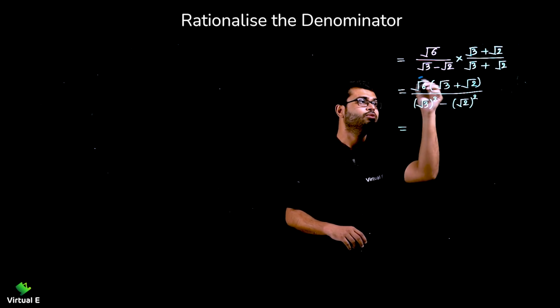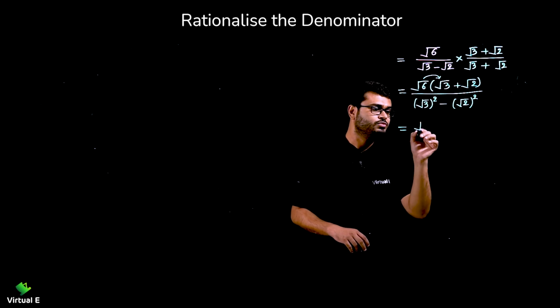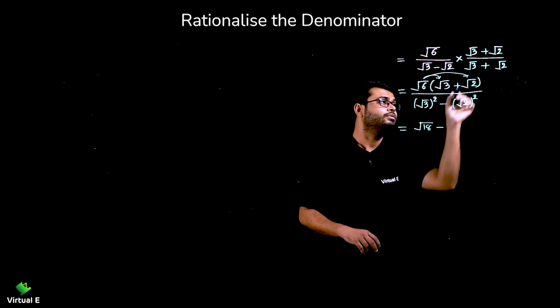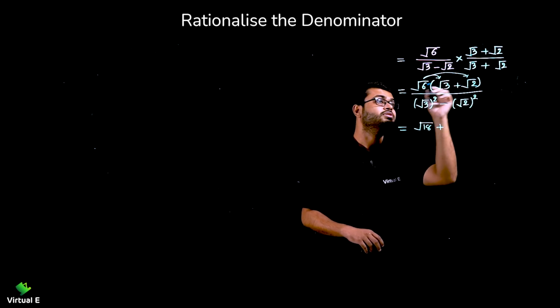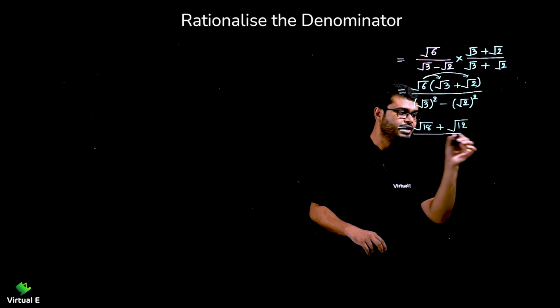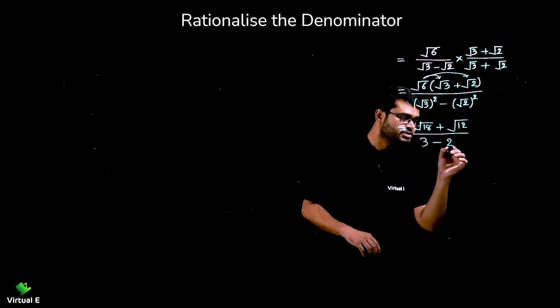Let's multiply in the numerator. So root 6 into root 3, that is what? Root 18, plus root 6 into root 2, that is root 12 over here, and in the denominator here that is 3 and here that is minus 2.